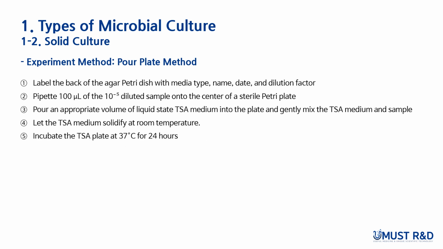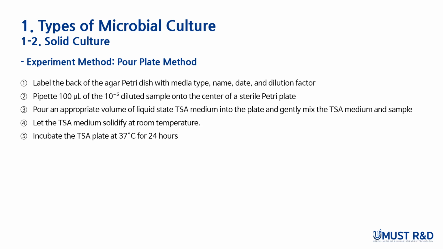In the pour plate method, the back of an agar petri dish is labeled with the media type, sample name, date, and dilution factor. A pipette is used to transfer 100 microliters of a 10 to the minus 5 diluted sample into the center of a sterile petri dish.